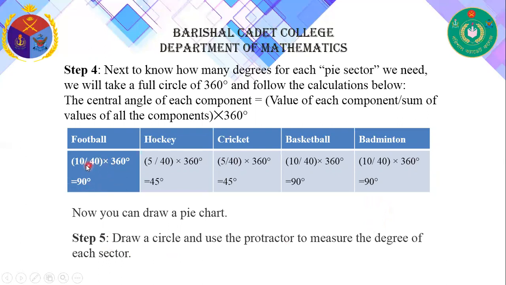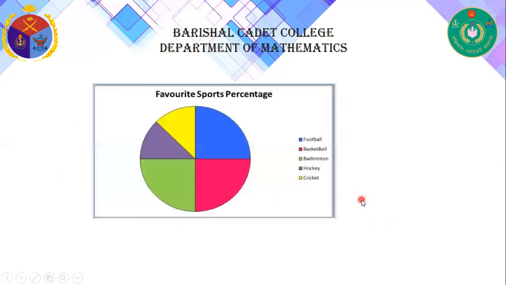That means the football sector has 90 degrees, the hockey sector gets 45 degrees, the cricket sector gets 45 degrees, the basketball sector gets 90 degrees and the badminton sector also gets 90 degrees.